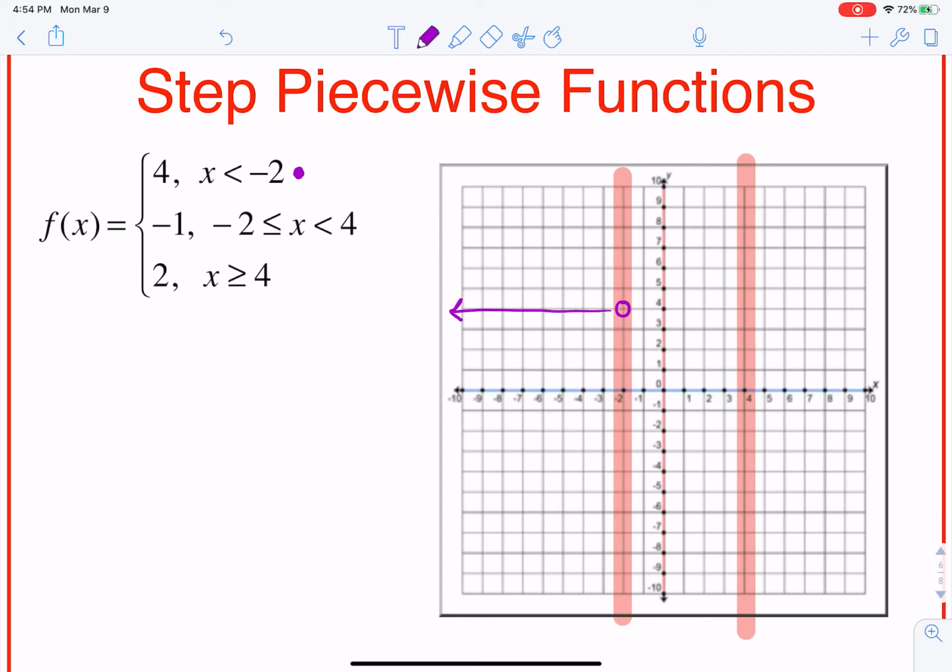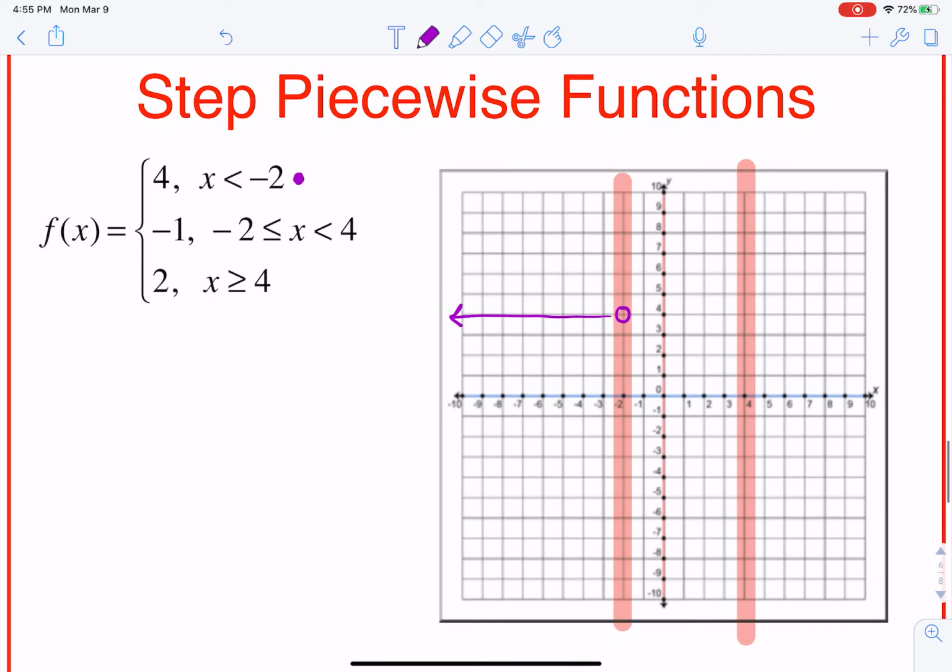In between -2 and 4, so equal to -2, I am down here at -1, and I'm going to go all the way to an open circle that's at 4. And for x values that are larger than or equal to 4, I'm here at 2. So this will continue to go on that way.